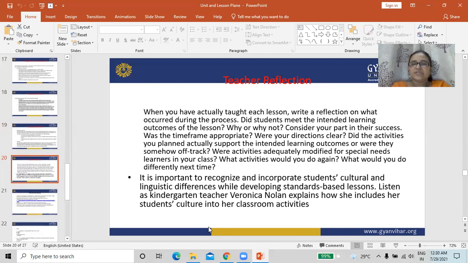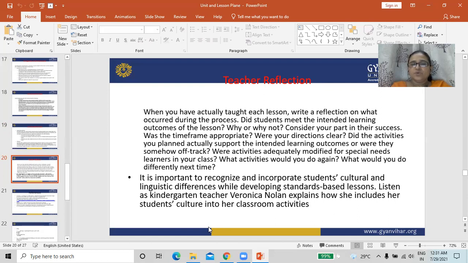Did the activities you planned actually support the intended learning outcomes, or were they somehow off track? Were activities adequately modified for special needs learners in your classes? Which activities would you do again?